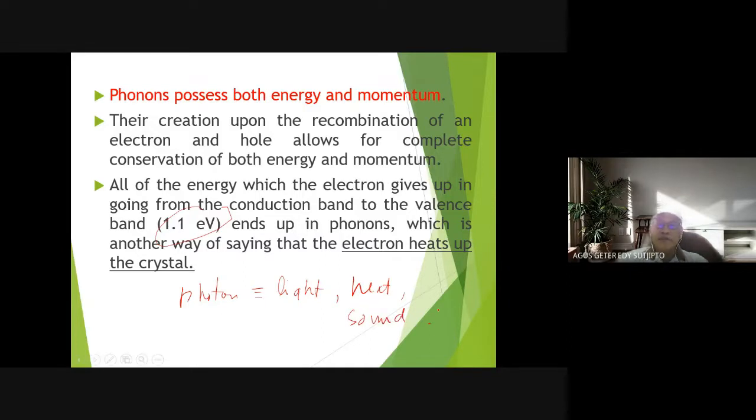But the most part of the photon is in the form of light, so we can easily identify it. So this is very important for the light emitting diode and for photonic materials.